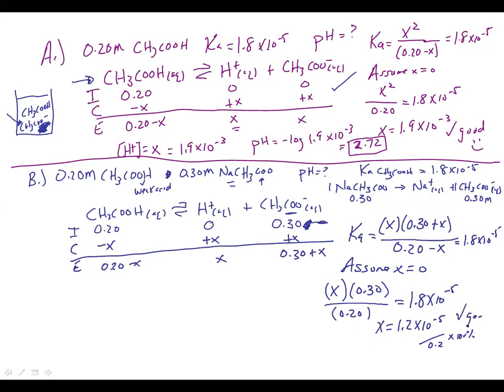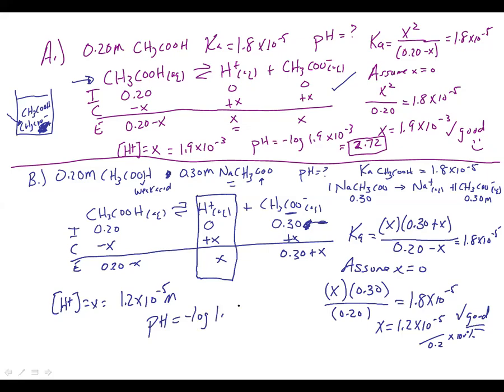Check is good. So that means, in terms of pH, it really is the H plus that we're interested in. So our H plus concentration will equal X in this case, which equals 1.2 times 10 to the minus 5. That means our pH would equal minus the log of 1.2 times 10 to the minus 5.